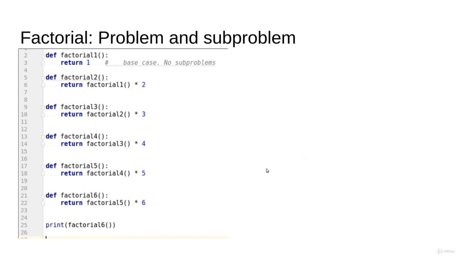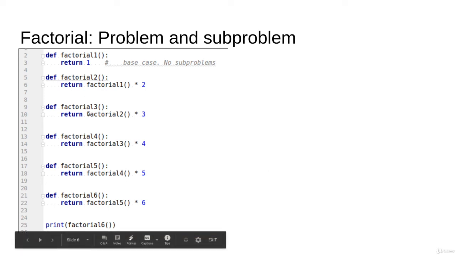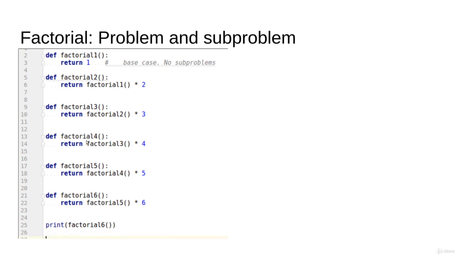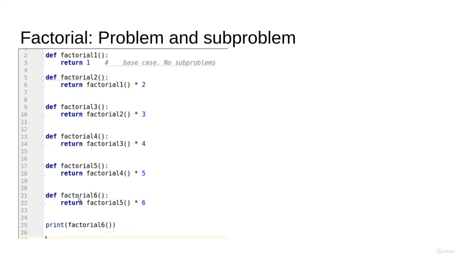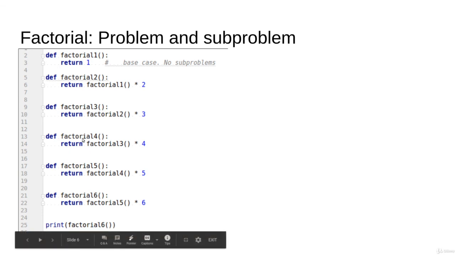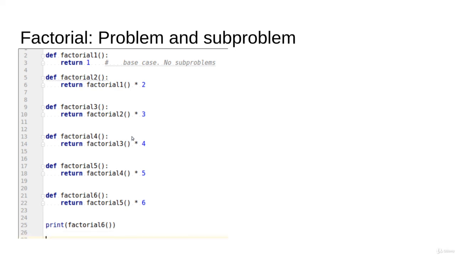Here is a way to implement that in a bit of a weird way. I'm defining 6 functions: factorial 1, factorial 2, factorial 3, factorial 4, factorial 5, and factorial 6. Each one of them is returning the answer of the factorial. Let's say that factorial 4 is going to return the result of factorial 4, regardless of how it is computed. Now factorial 5 is simply the factorial 4 answer times 5.